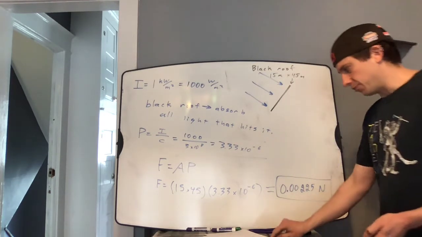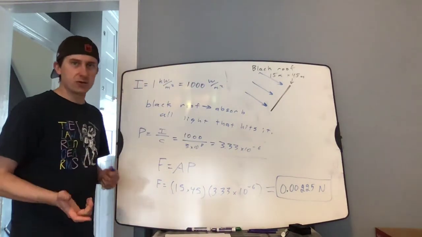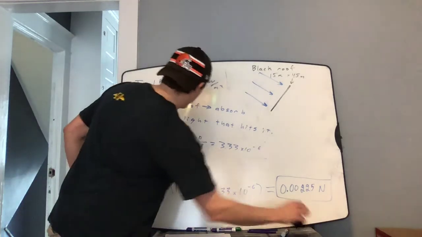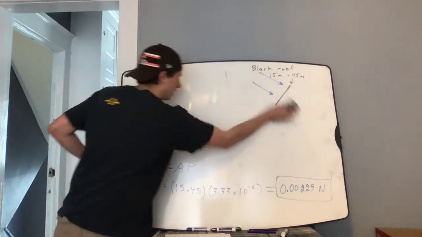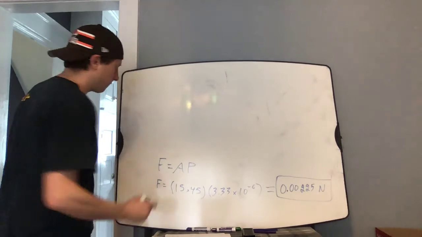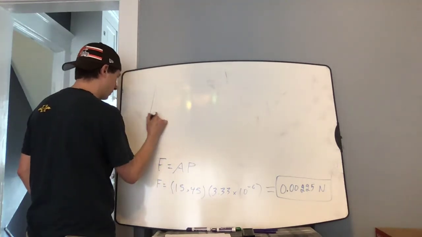In the next example problem, we are told that a 75 kilowatt radio station is broadcasting uniformly in every direction. So let's draw a picture and think about what that means. We have a radio station where radio waves are being transmitted from a tower. So here's my radio tower.